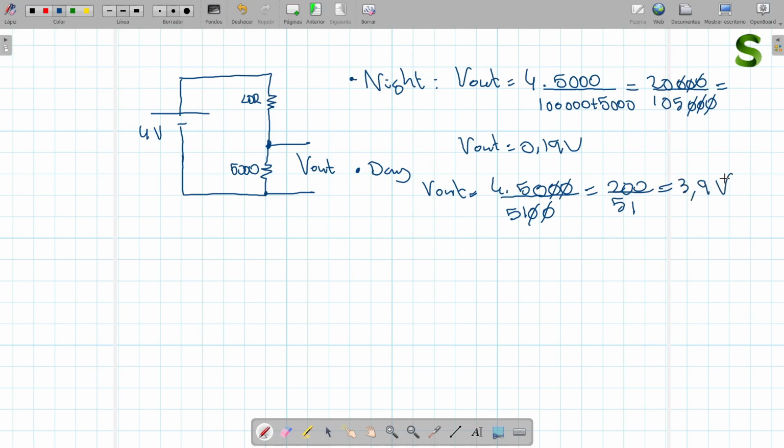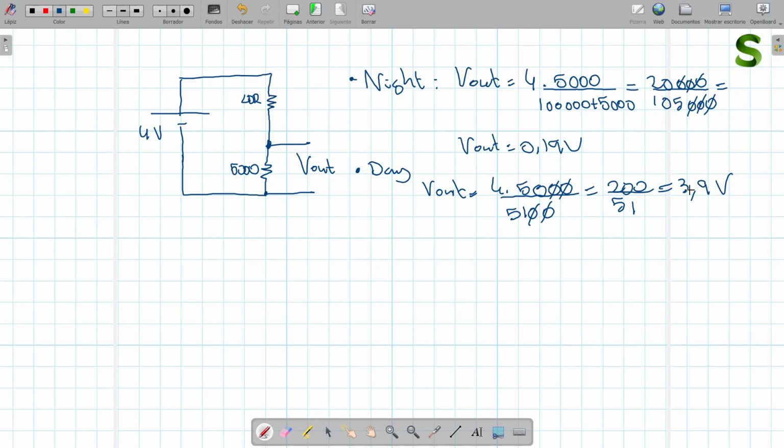Okay, so if we change the LDR and put it where R2 was, we have the opposite. We have a circuit that will give us voltage during the day and will not give us voltage during the night. So, for example, we can put this in a house appliance that we want to turn on during the day and not turn on at night.